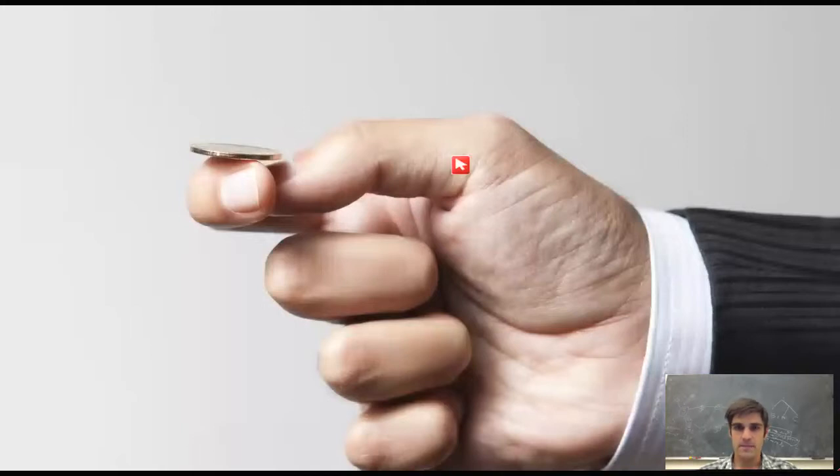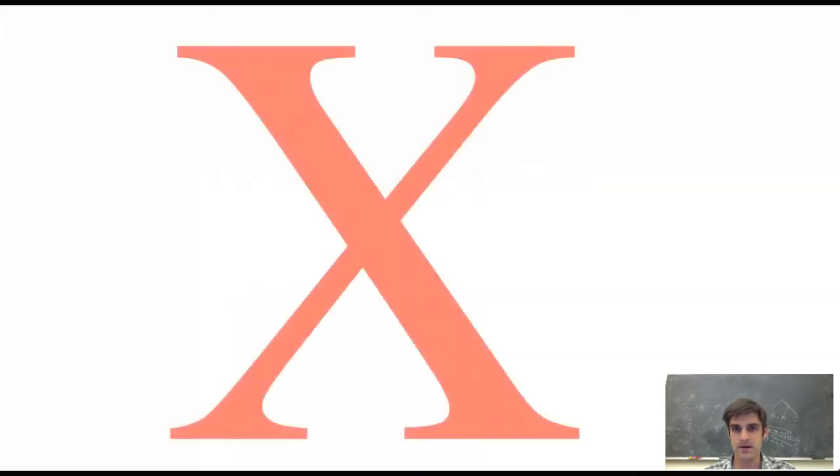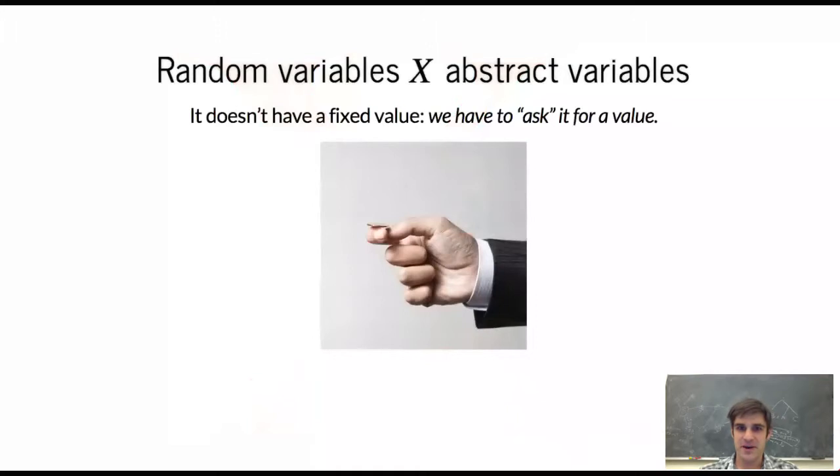So given this, how do we abstract probabilistic quantities? How do we come up with a mathematical framework that is useful for this sort of challenging situation? So it's big X. Big X is a random variable. I'm not sure if you've heard about random variables, but they're quite a wonderful thing. They abstract the notion of a variable.